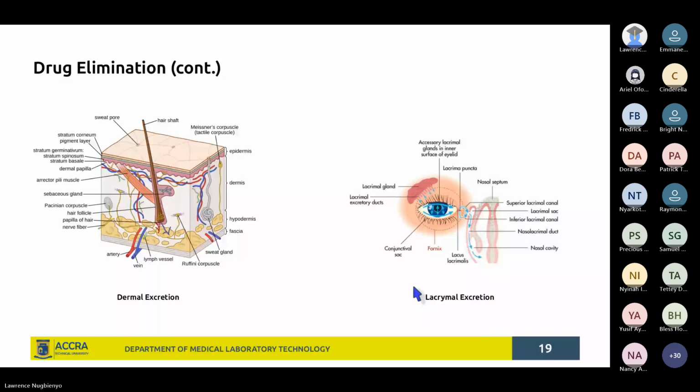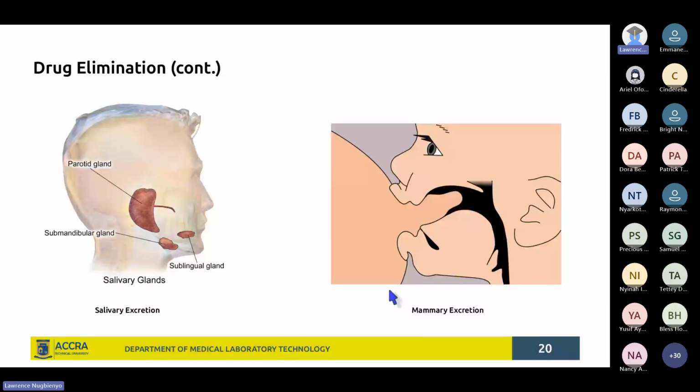All right. You do also have salivary excretion. So some drugs taken in can get excreted through saliva. Because the glands we are referring to, blood flows into them. So once you have these drug substances in the blood flow to these tissues, some of these drugs can get excreted from these glands as well. So you have salivary excretion, and you do have some drugs in lactating mothers.